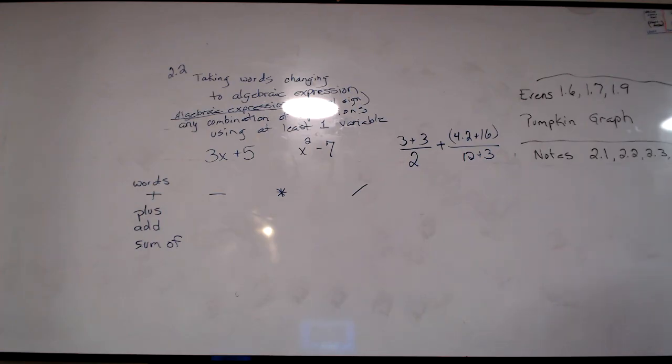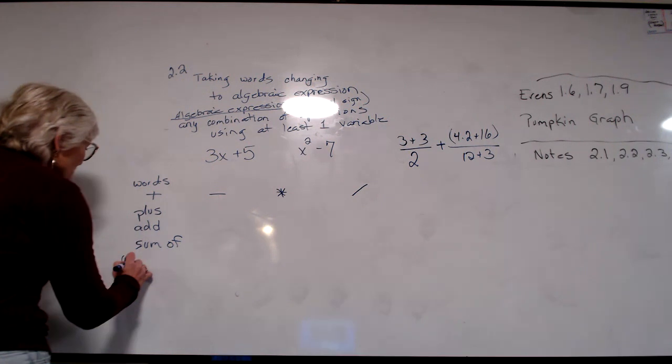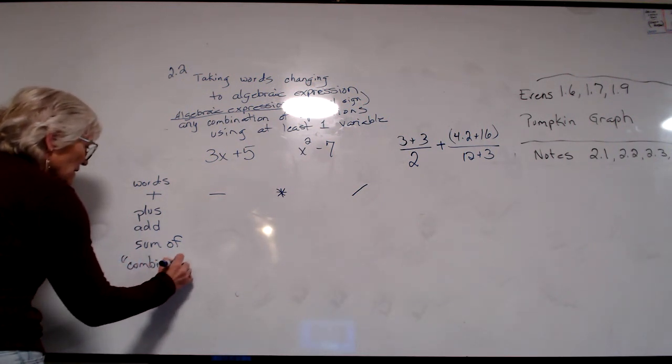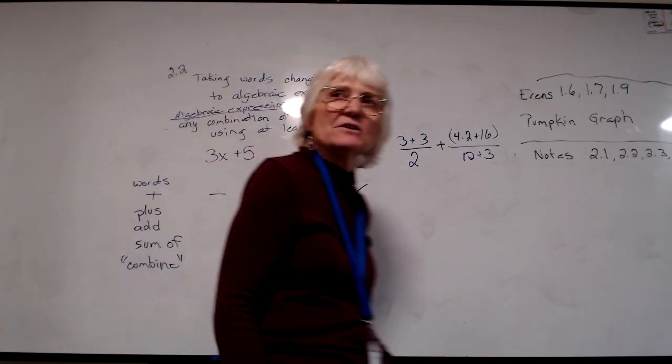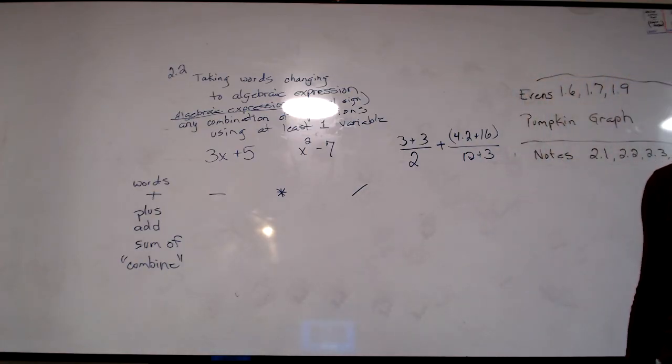This one's kind of going out on a limb, but could you use the word combine? Like if you're combining the two numbers? I think I could. I would take that. Combine doesn't necessarily mean plus, but I think most of the time it would be. Does anybody think of anything else we might use? Put together.